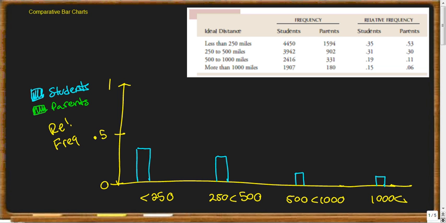Now, the reason why this is good is we are going to now graph the parents. Well, parents are at 53% here, so a little bit over 50. So we've got a good difference there. Here they're just slightly lower at 30%.